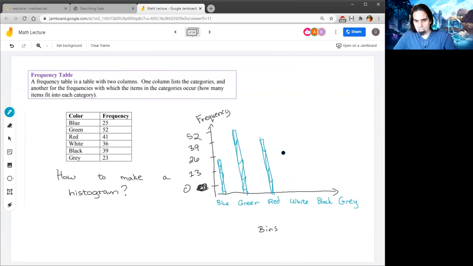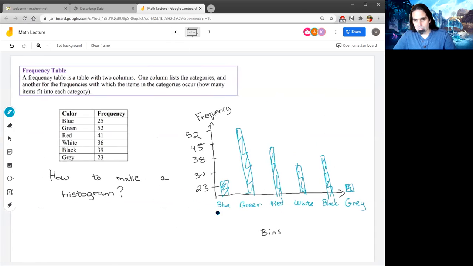White is 36. Black is 39. And gray is 23. So now they look more similar because we're starting at 0 rather than cutting off how much they were all similar down below.